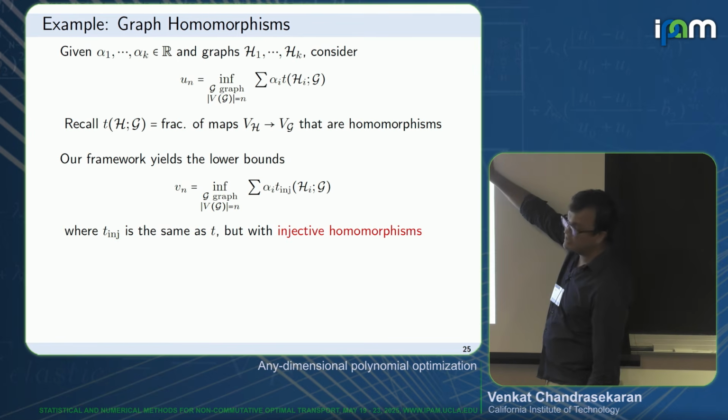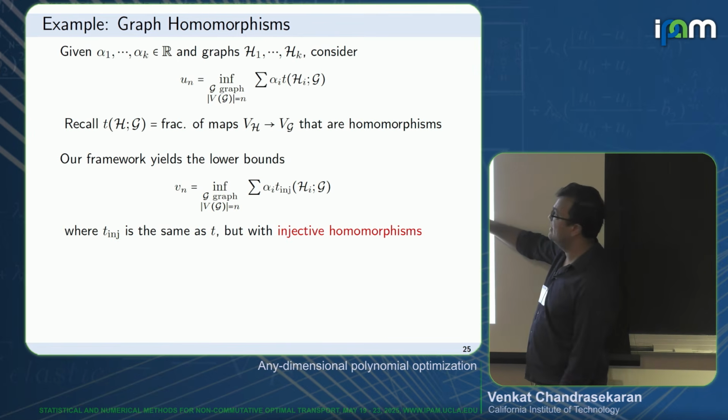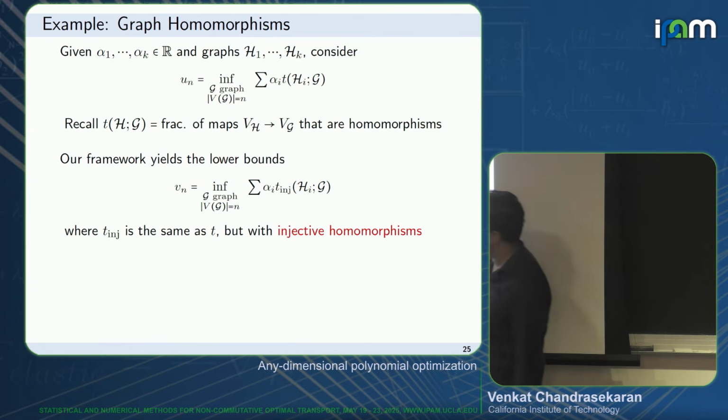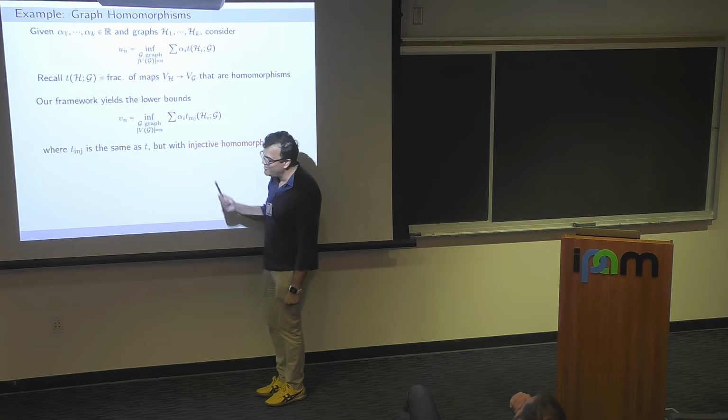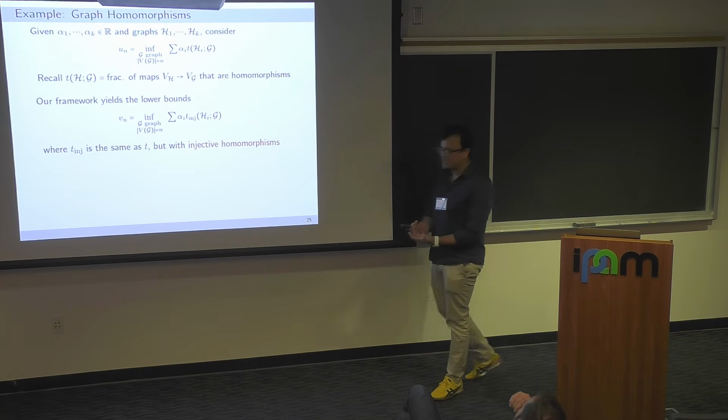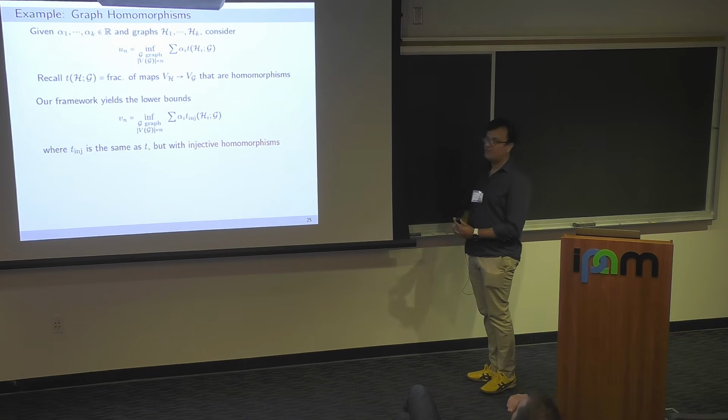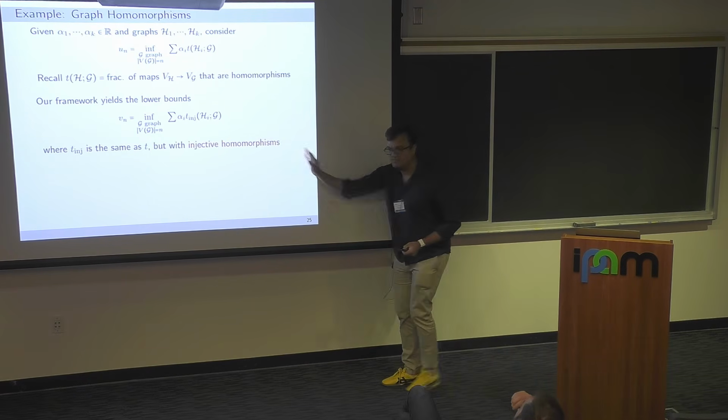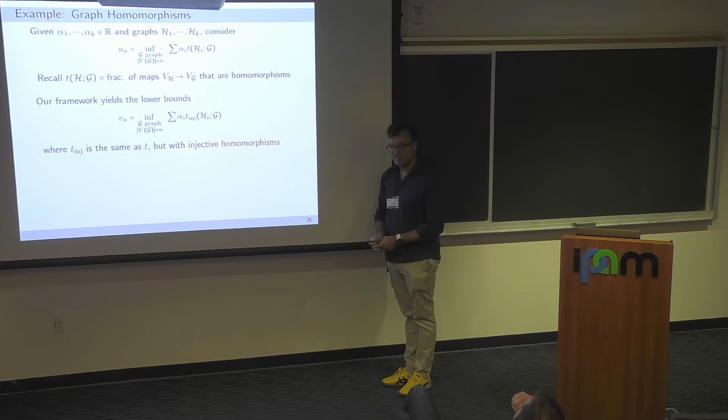The version of de Finetti that's applied is the Aldous-Hoover one, and you get this sequence of lower bounds, where you simply have replaced t by t-inj. t-inj is the injective analog of t, where rather than looking for fractions of mappings between the vertex sets that are homomorphisms, you simply say injective homomorphisms.